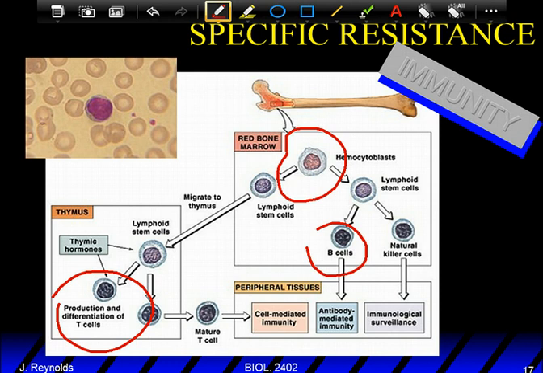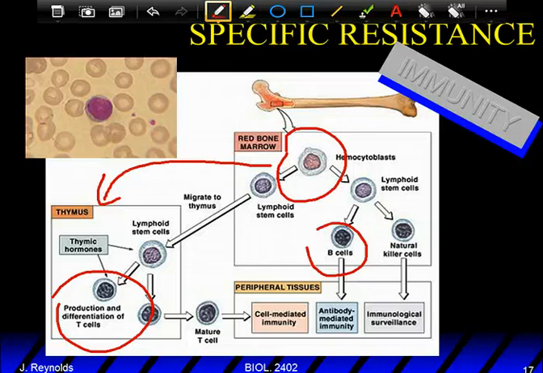Notice that there's a shift from bone marrow of some of these cells over to the thymus for processing. Remember, the thymus makes a hormone called thymosin, and it's for processing of these T cells, or T lymphocytes, T for thymus. The B cells are processed either in bone marrow or liver or a couple other places, but you can remember B for bone marrow, even though both of them actually are produced in bone marrow.